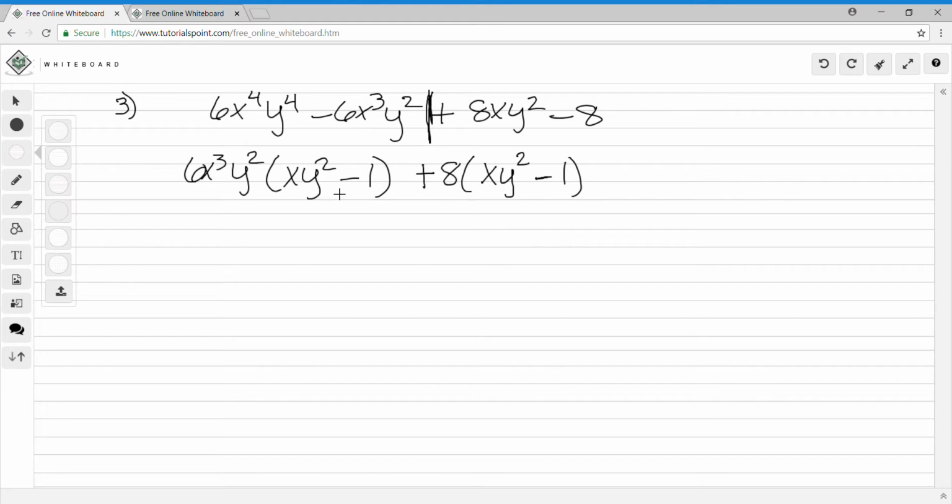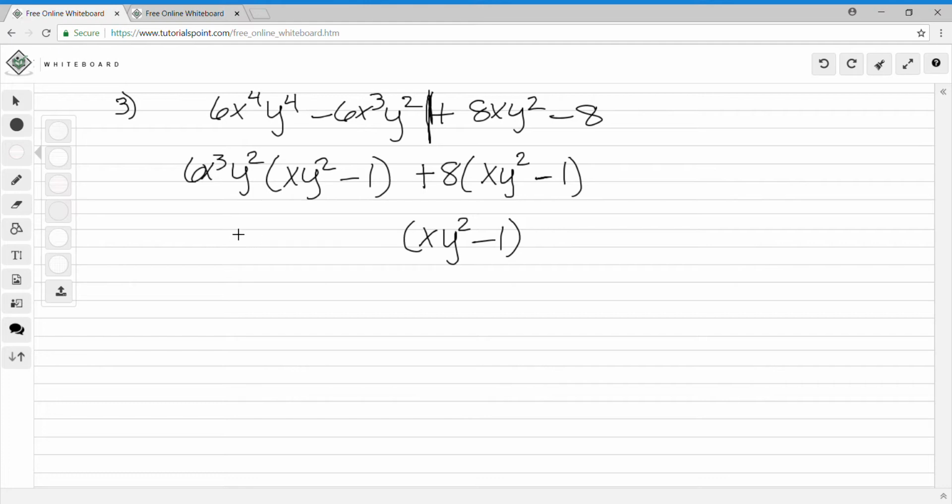If we have two terms that are the same, then factoring by grouping works. So we just have to write that once. xy squared minus 1. And then you just combine the 6x cubed y squared and then plus 8.